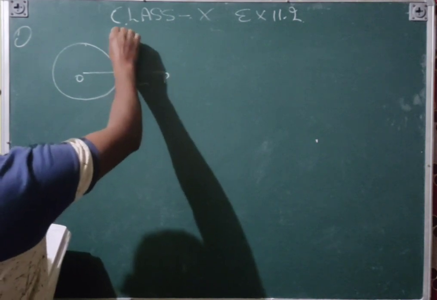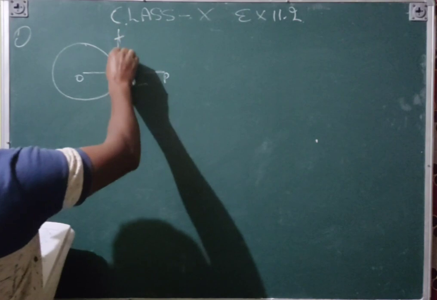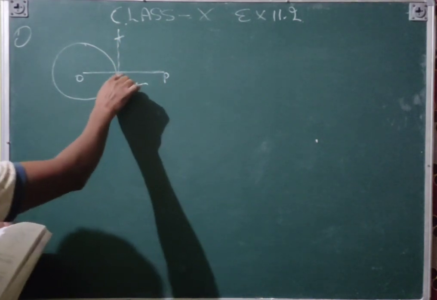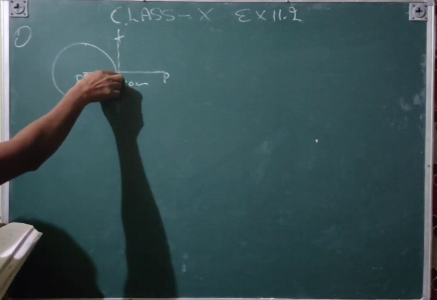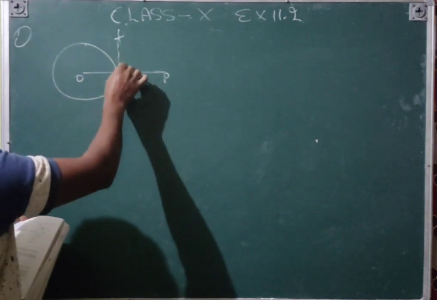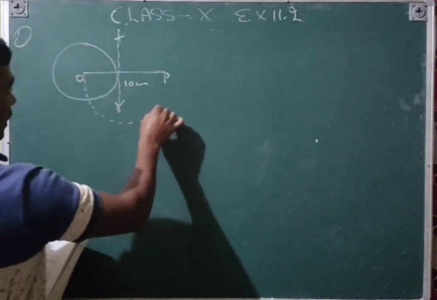Then join these, and then put your compass here, take the distance of half of this, and from here you will draw the inverted circle.